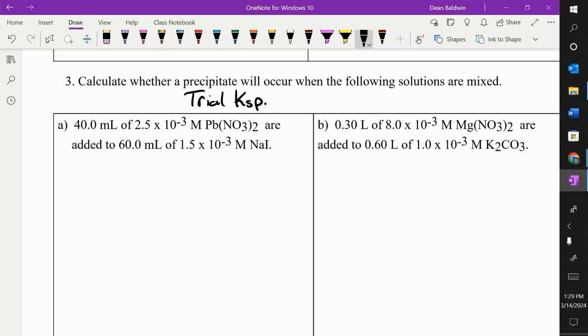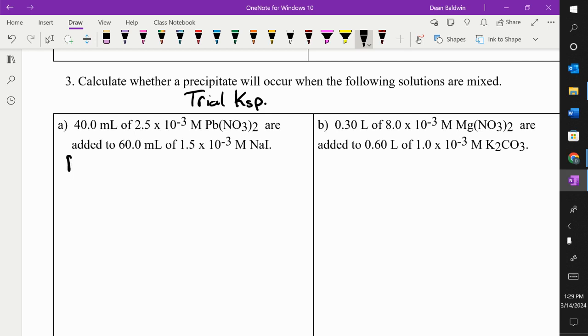So, do nitrates ever precipitate in our world? No. Does sodium ever precipitate? No. So, what is the possible precipitate? Lead iodide. Yeah, lead iodide.